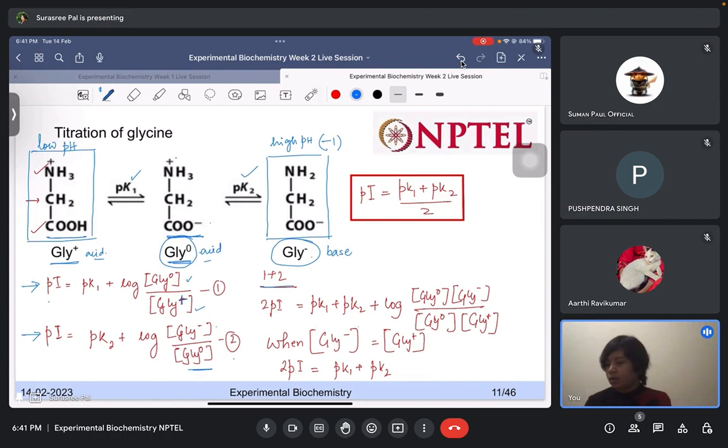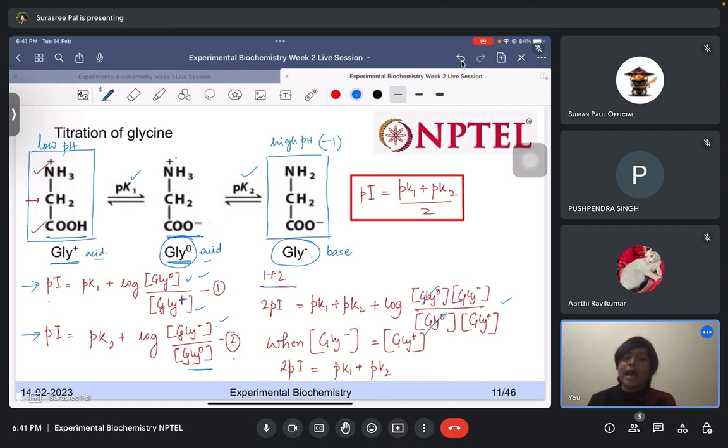So we are actually adding these two values, right? Log of a plus log b gives you log of a into b, right? We get this value, and here obviously we can cancel these two terms, glycine 0, right? And what we get here is that 2pI equals pK1 plus pK2 plus log of glycine negative by glycine positive.